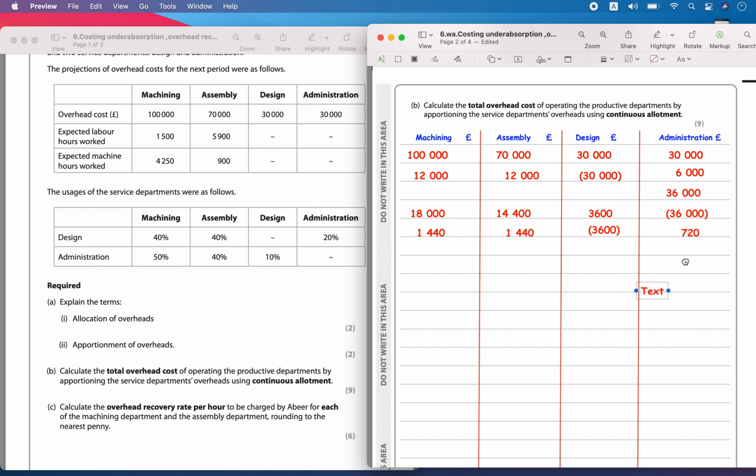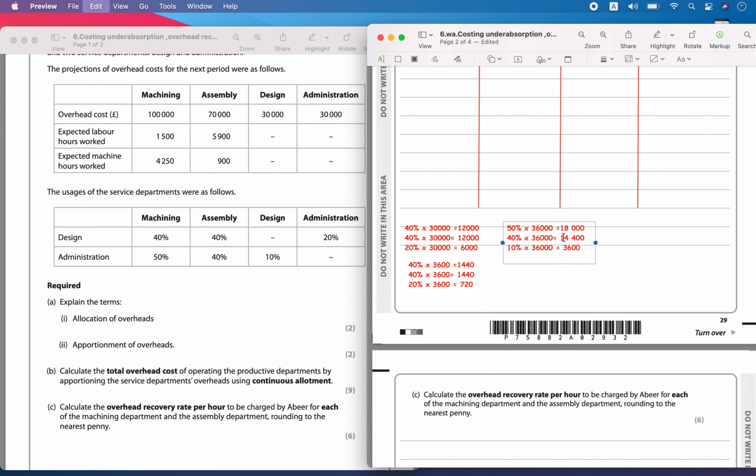Now I have to remove this cost. 720 has to be removed in the ratio 50, 40 and 10. Let's write 720 three times. The first one is 50 percent of 720, which is 360.